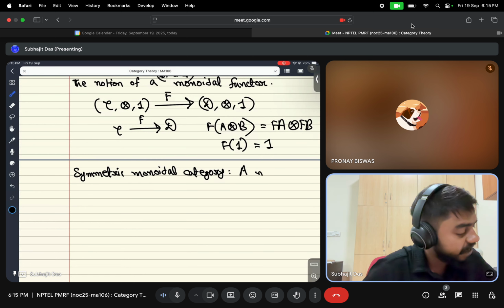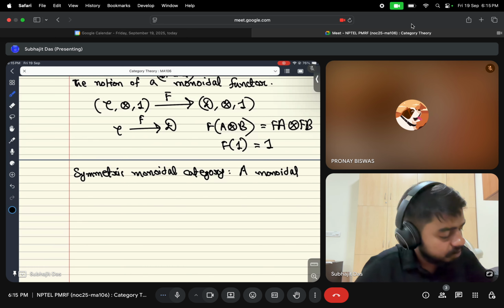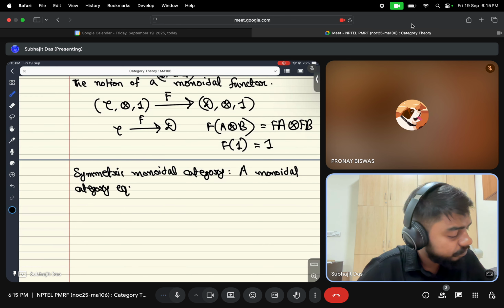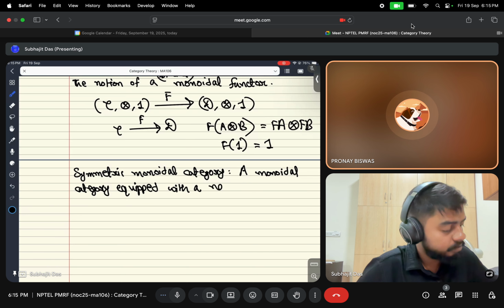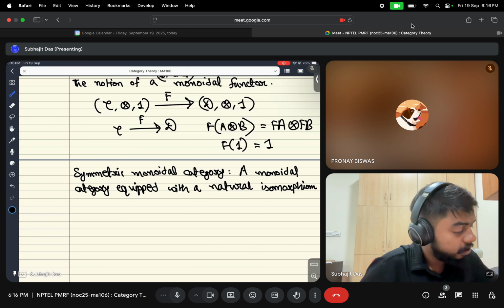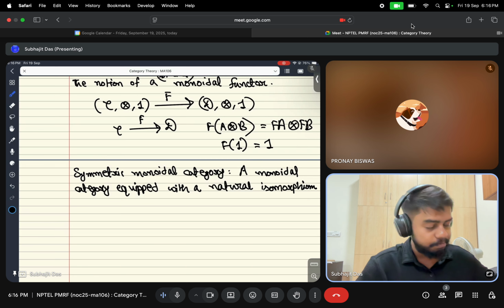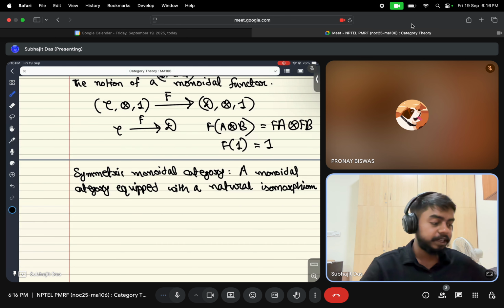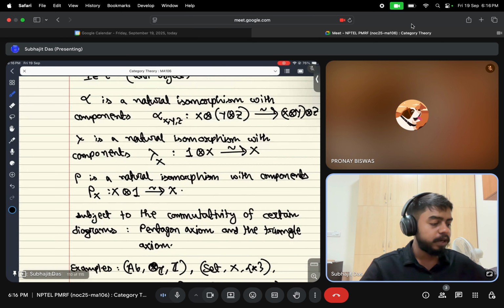It's a monoidal category equipped with... So this is very important, and this should be kept in mind, that this natural isomorphism, which we are calling the symmetric braiding or the symmetry, is to be thought of as a structure on the category, just like alpha, lambda and rho are thought of as structure.